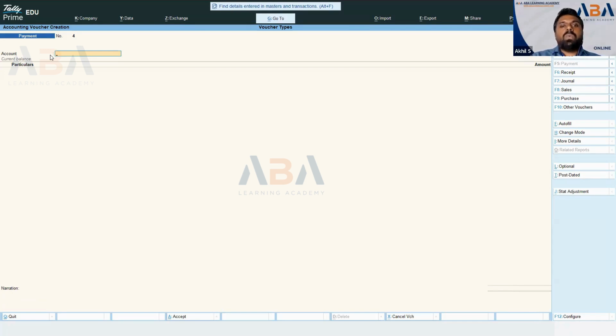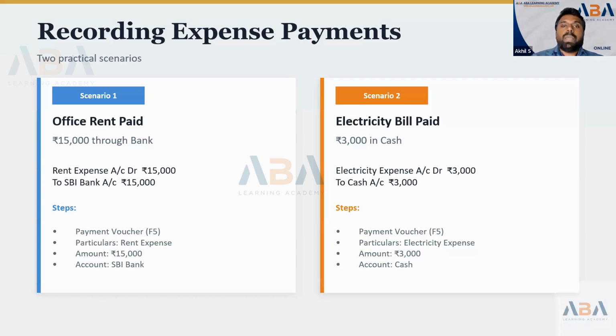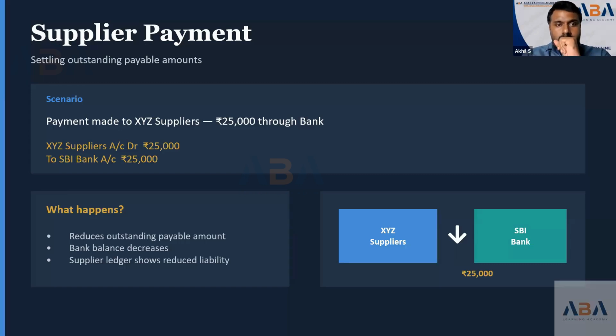Now let us see how we will be posting a payment entry for a supplier payment, if you are making a payment to a party. You can see here supplier pay. When do we make a payment to a party? We make a payment to a supplier to settle our outstanding payable amounts.